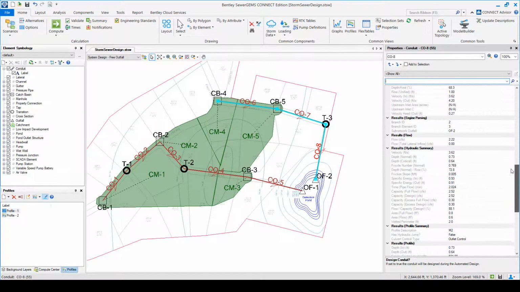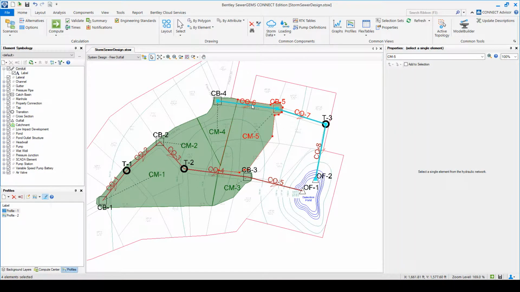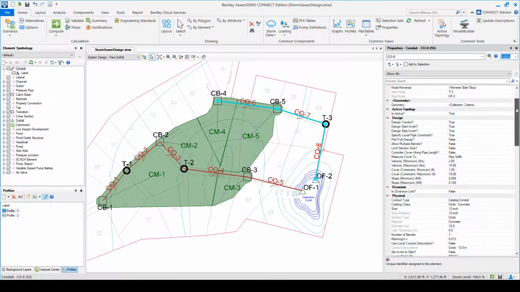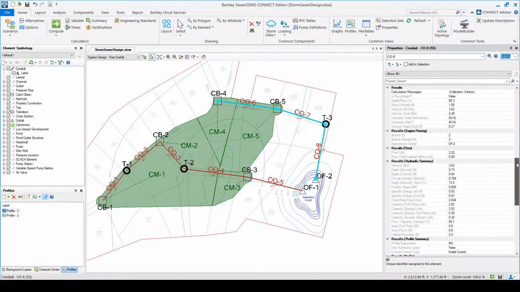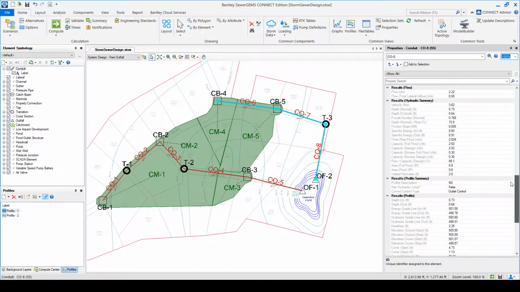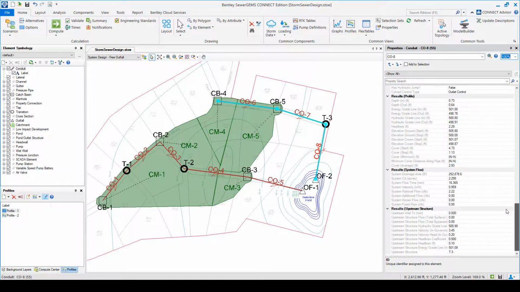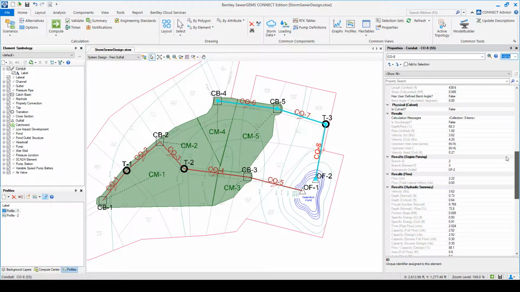If we take a look at our profile, they're all mild profiles, M2, I'm sorry. And in terms of the flow, we can see 2.2 cubic feet per second and all of those results.